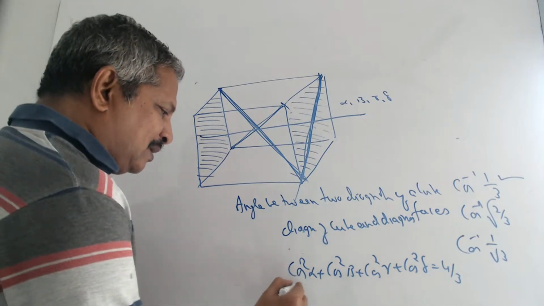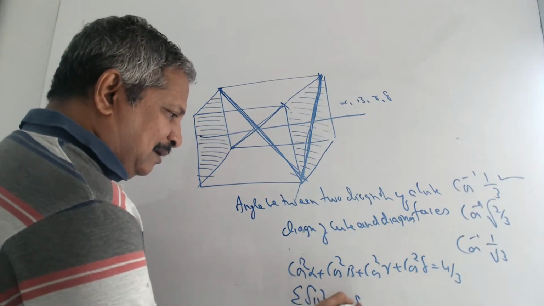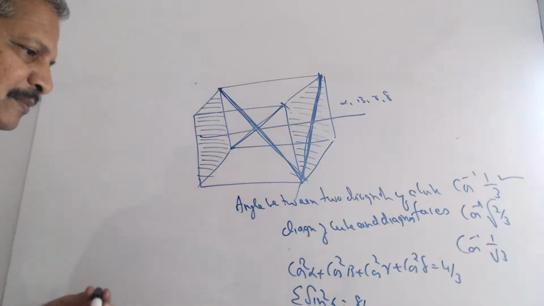If it is sine square alpha, if I take, it is nothing but 8 by 3. This also you have to remember.